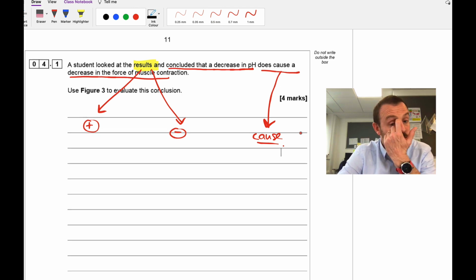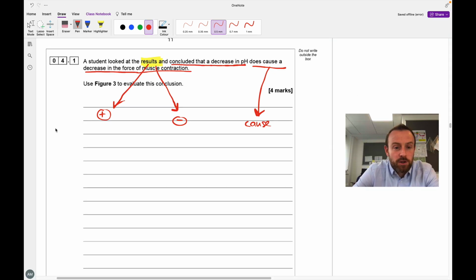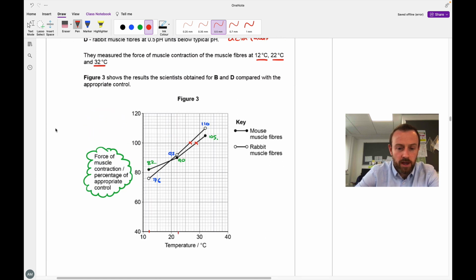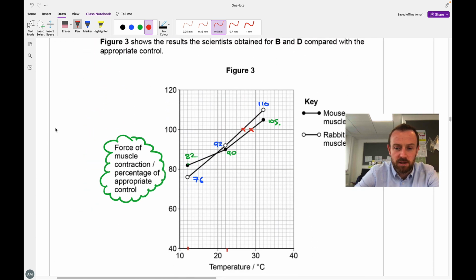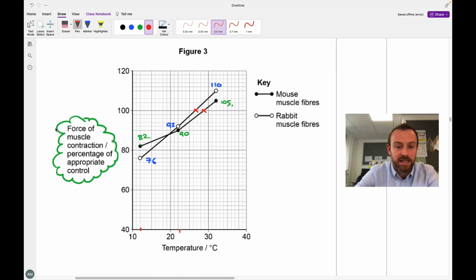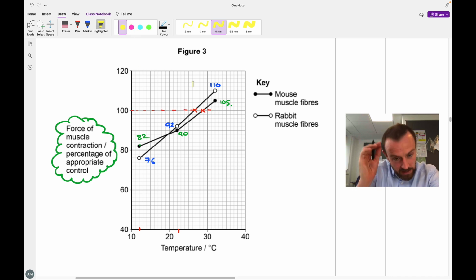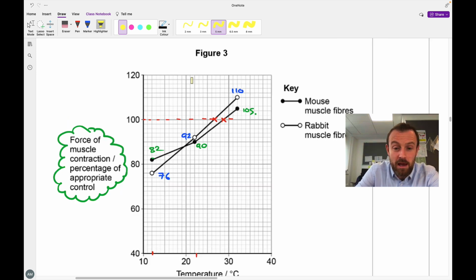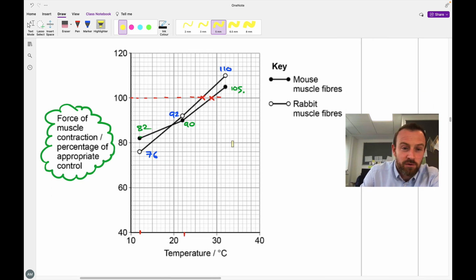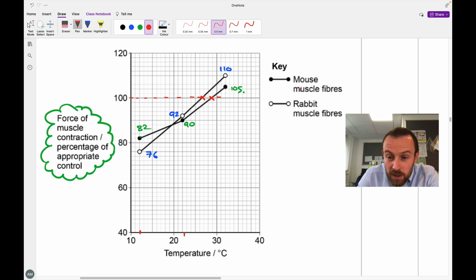So let's break this down. Let's first look at the results and try to find some positive and some negative. The big thing is to look at regions of the graph, and the key points are where we cross this 100% line. So first, let's look at the mouse.